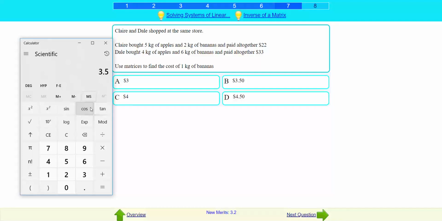So 6 divided by 22, we will have 0.27. 4 divided by 22, we would have a negative of 0.18. And then 2 divided by 22, that should be 1 over 11, negative 0.09.